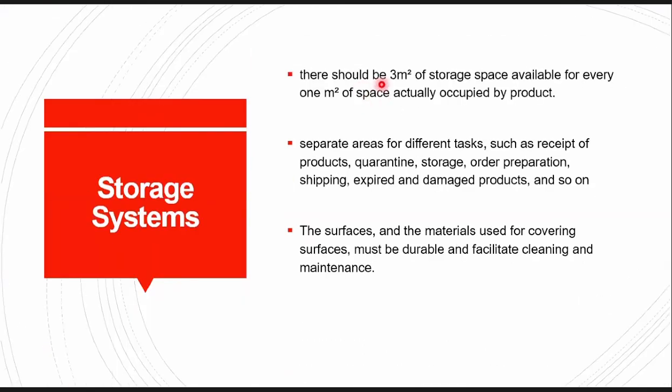Also consider the storage space. So there should be 3 meters square of storage space available for every meter square of space. So have you seen this information? It's very rare. So here, how can you interpret it?